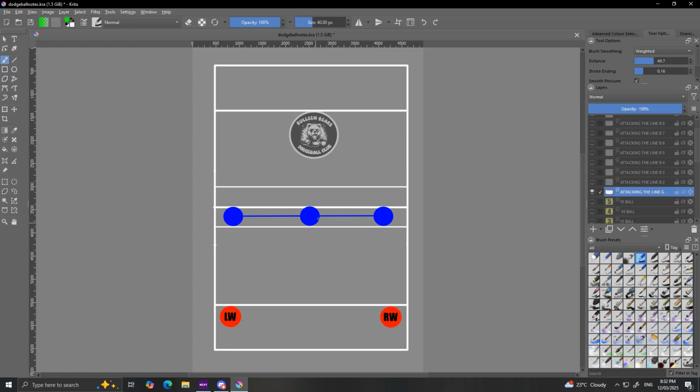So what we can see here would be our basic attack at the line. Three people, this is pretty standard. Obviously the best result in this situation is a center throw, because it can go anywhere at a relatively short distance, and that's the first best option.